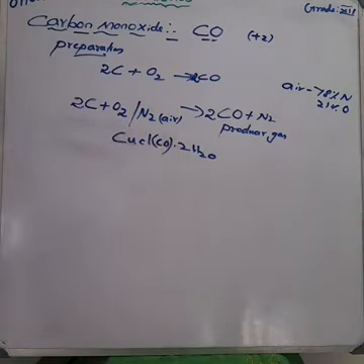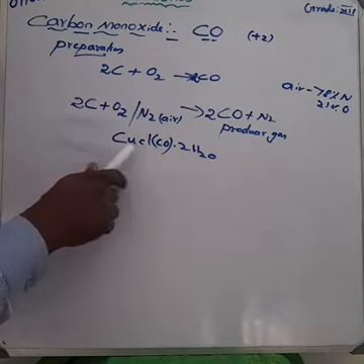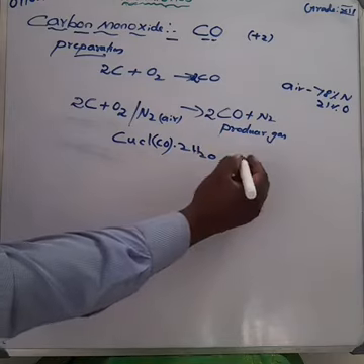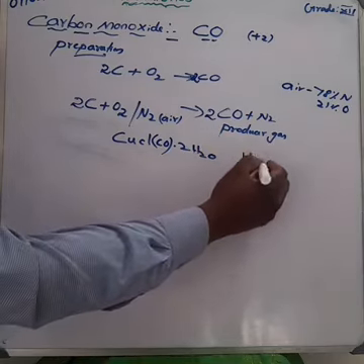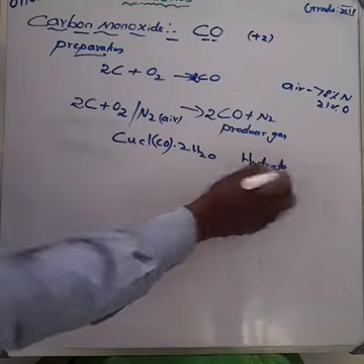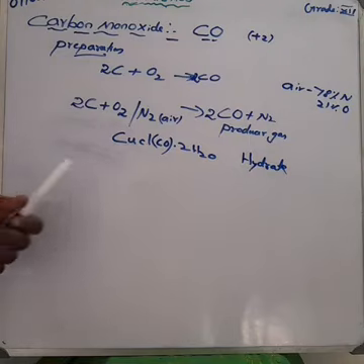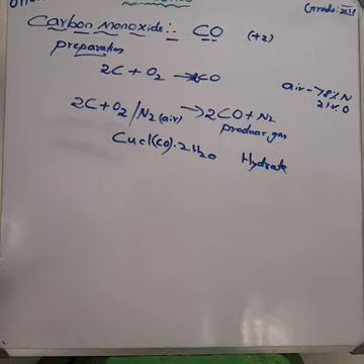Here we can say the name is copper 1 chloride dihydrate. Water can be written as dihydrate. 1 water means monohydrate. 2 water means dihydrate. 3 water means trihydrate. 4 water means tetrahydrate. 5 water means pentahydrate.